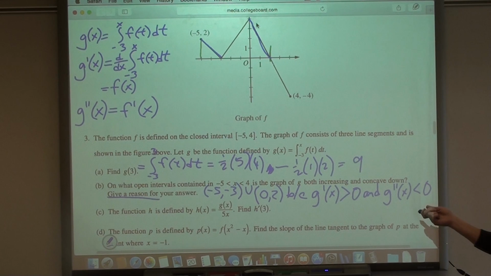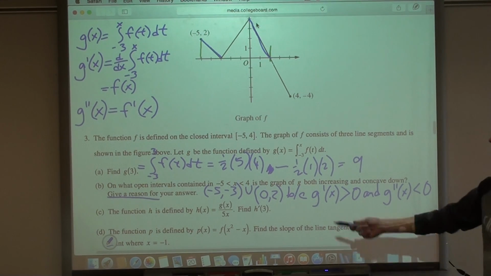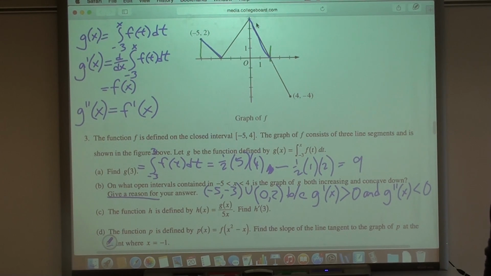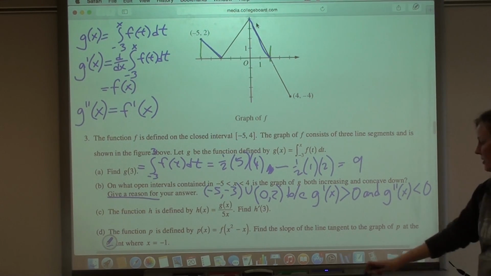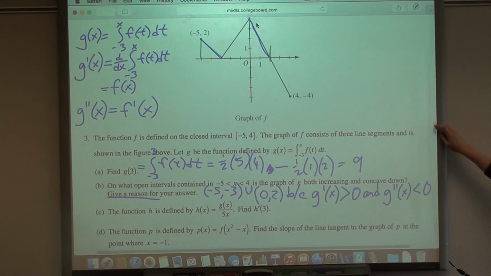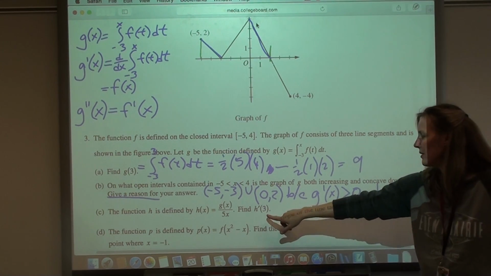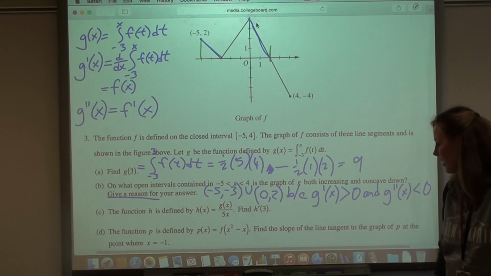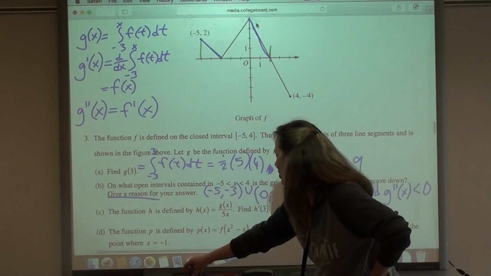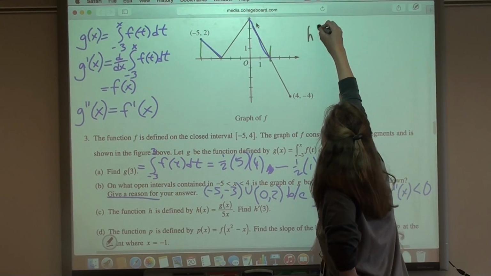So that's an easy trap to get caught in. So be very careful about that. If you use the canned statements, you're safe, right? So this is one of those times where conformity is good. All right, part C. So the function h is defined by h of x equals g of x over 5x.